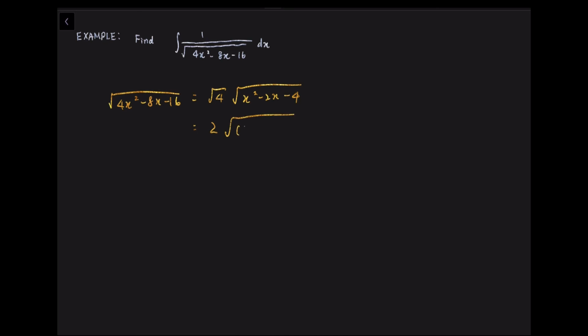Hence we have the square root of 4x squared minus 8x minus 16 equals 2 times the square root of x minus 1 squared minus 5, which gives 1 over the square root of 4x squared minus 8x minus 16 dx equals 1 over 2 integrating 1 over the square root of x minus 1 squared minus 5.